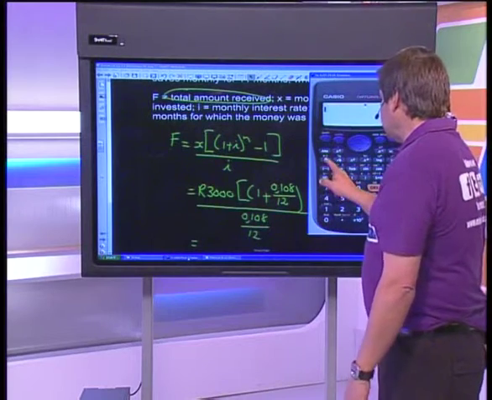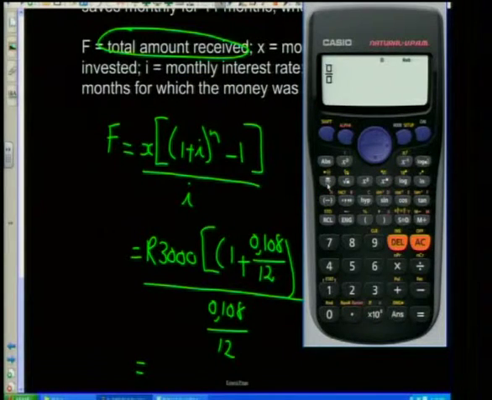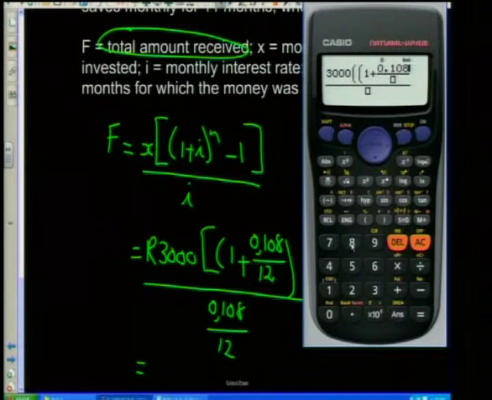Okay, so let's have a look at this. Right, fraction button. First thing, 3,000. Open brackets, open another bracket. 1 plus fraction button, 0.108 all over 12, close bracket.